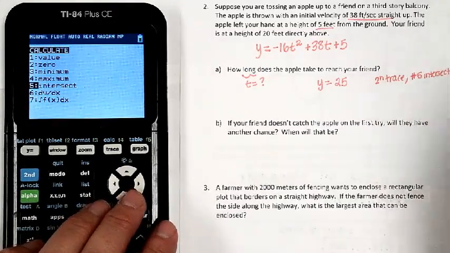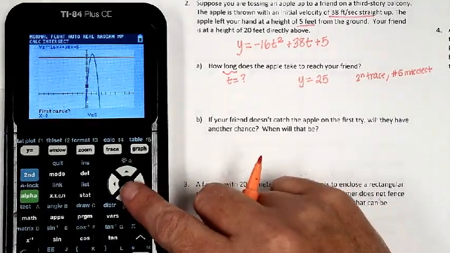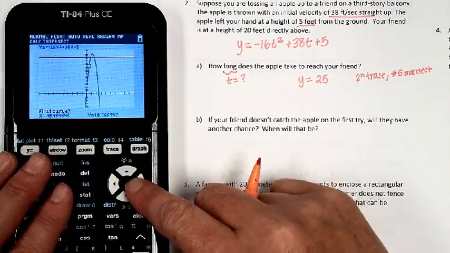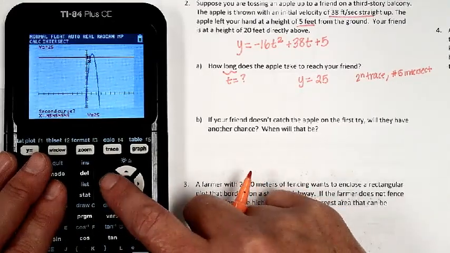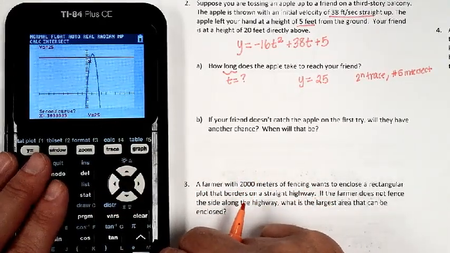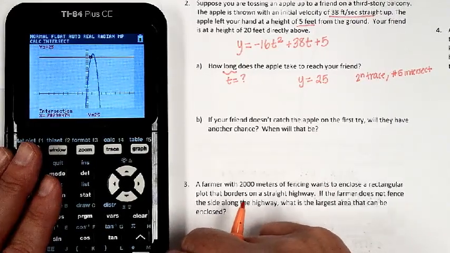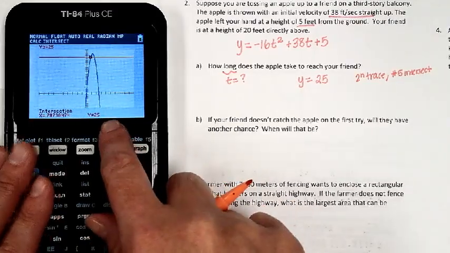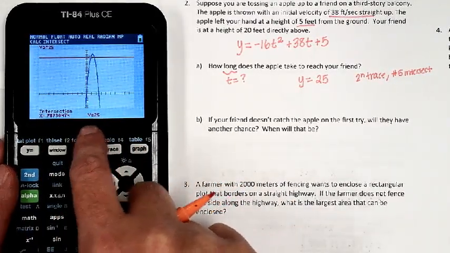So where it says first curve, just pick any, hit enter, and then second curve, doesn't matter where, just make sure it's on the line, hit enter. Guess, you don't have to guess, hit enter. And then if you see down here at the bottom, it does have a Y value of 25, and I have an X value here, which is X is our T.